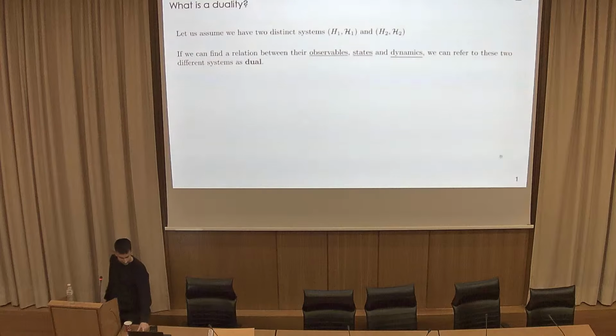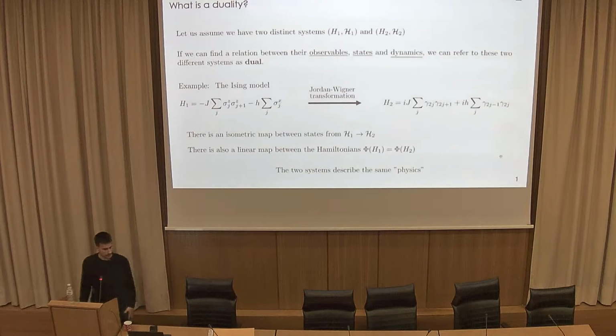A very simple example is the Ising model, a chain of spins, and we can find a non-local transformation, in this case the Jordan-Wigner transformation, and write down the Hamiltonian H1 as the H2 you see on your right, which is now a Hamiltonian with different degrees of freedom, with Majorana fermions.